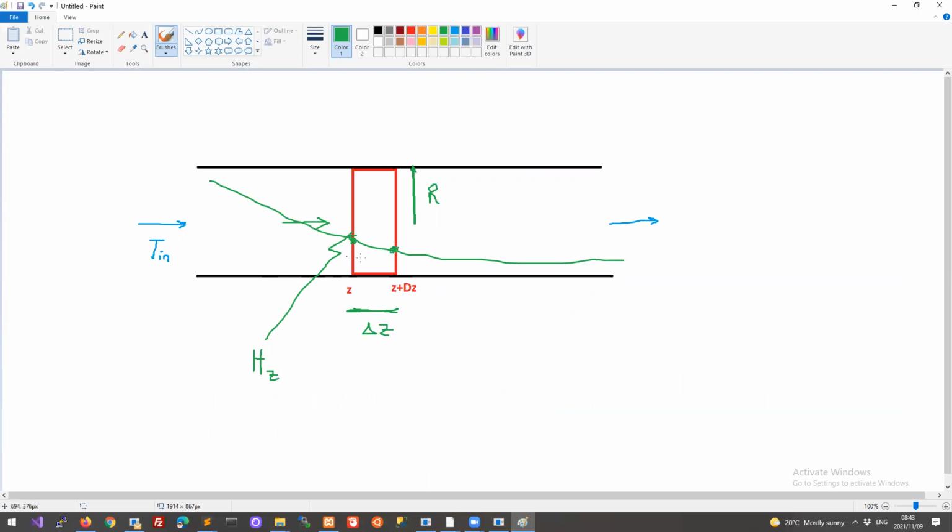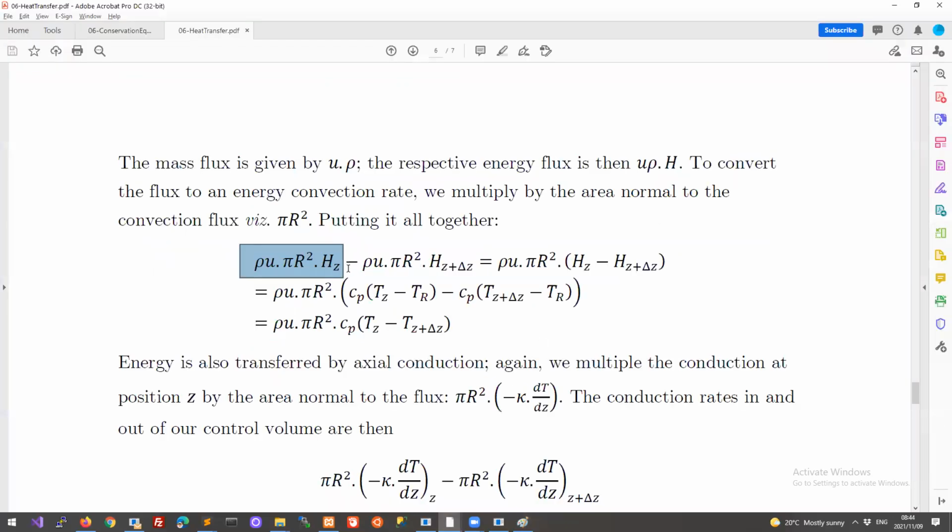So that's why we have to be specific: at this point the enthalpy is Hz, and it's going to be different generally to the enthalpy here, which is H at Z plus delta Z. So we've got this term for the inlet convection flux into our controlled space.